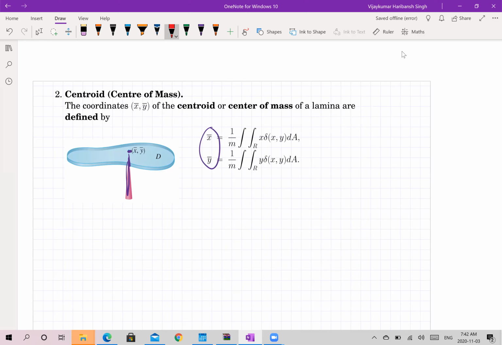Note that the center of mass integral is also called the moment. So this x bar is also called the moment of lamina.